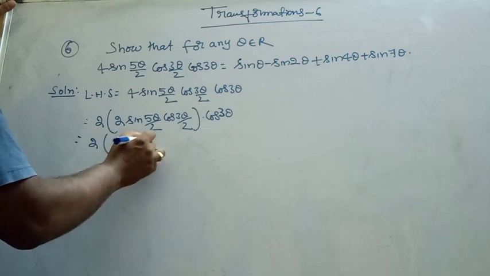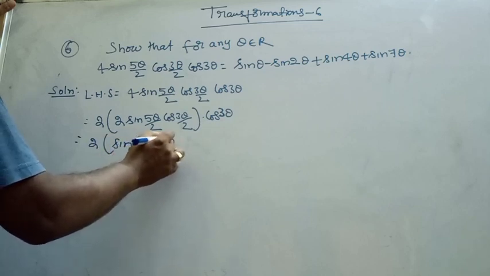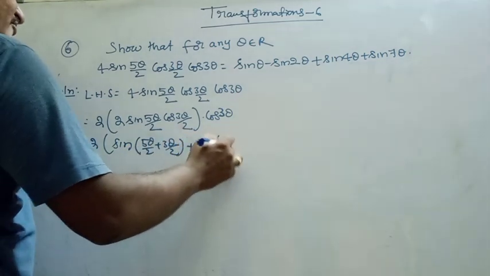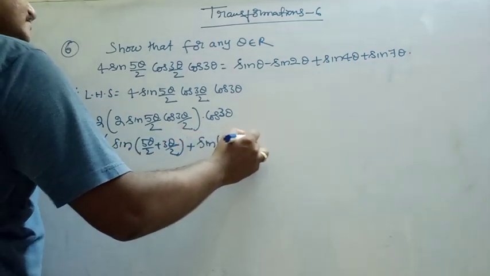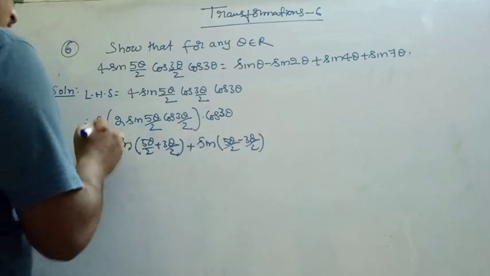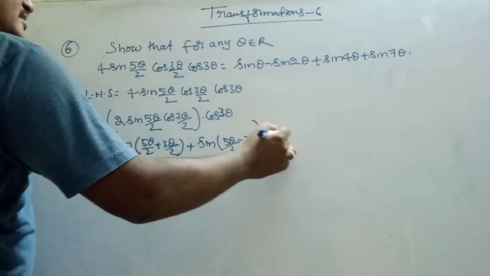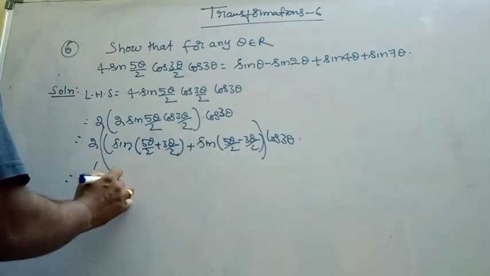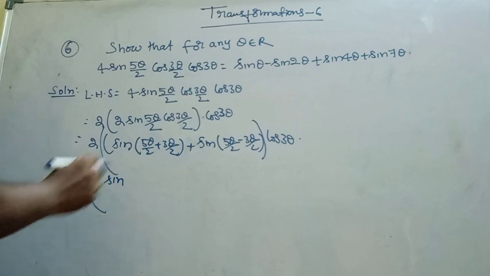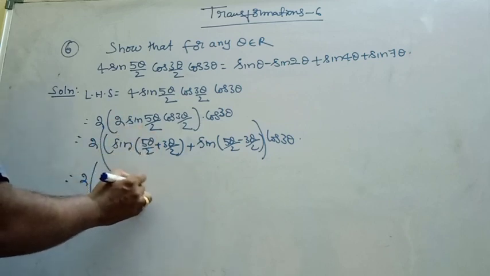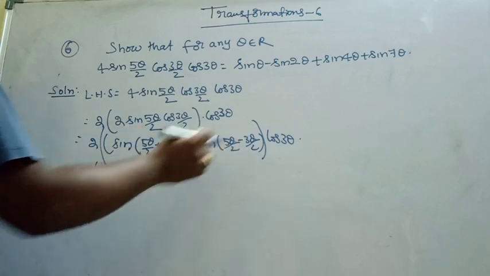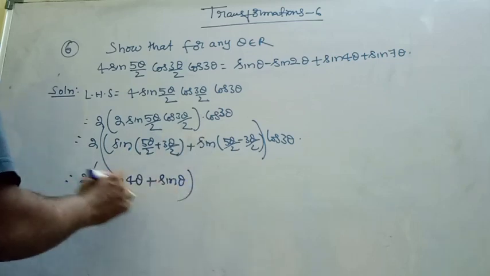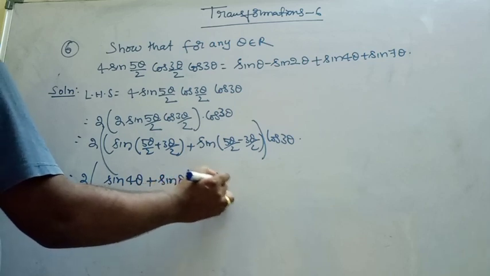A plus B is 5 theta by 2 plus 3 theta by 2, and A minus B is 5 theta by 2 minus 3 theta by 2, into cos 3 theta. Now this is 2 times sin of 8 theta by 2, that is sin 4 theta, plus sin of 2 theta by 2, that is sin theta, into cos 3 theta, right?